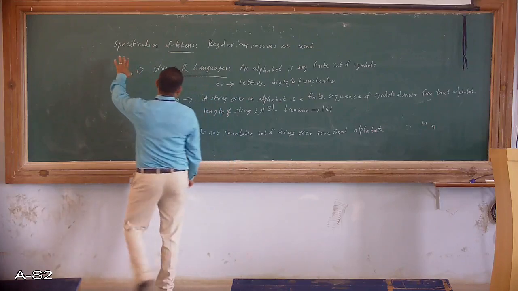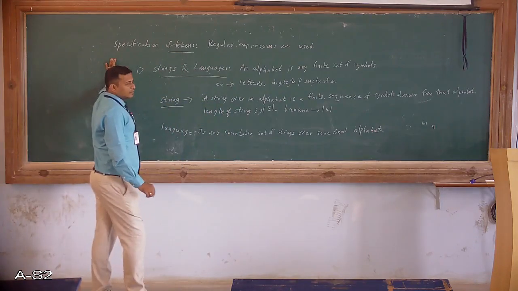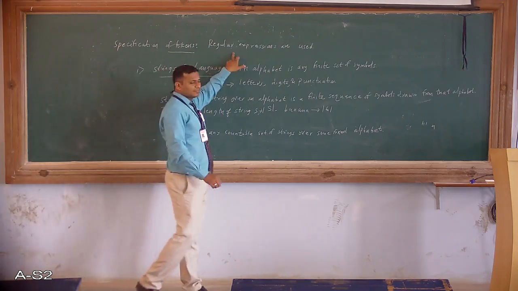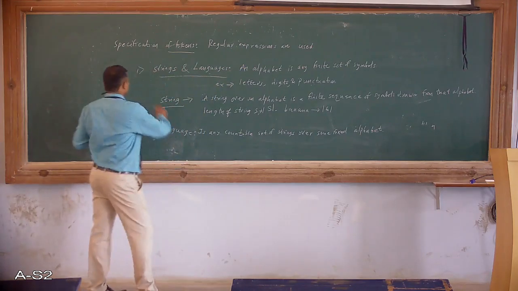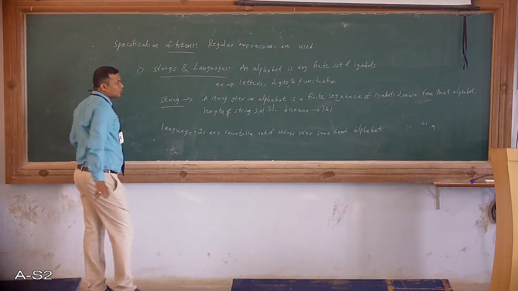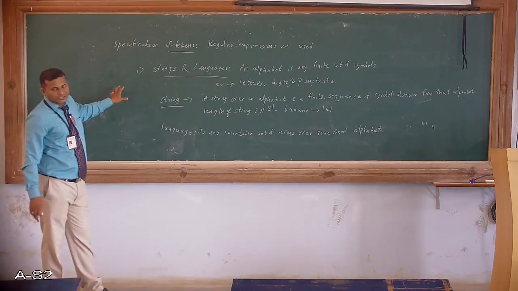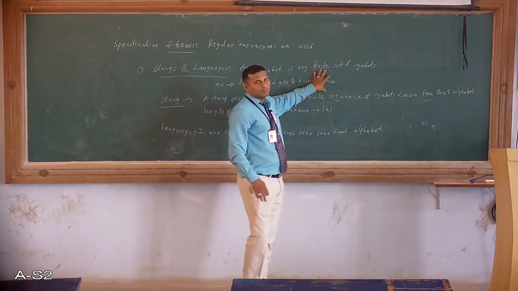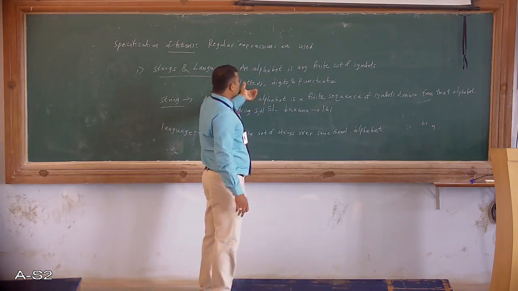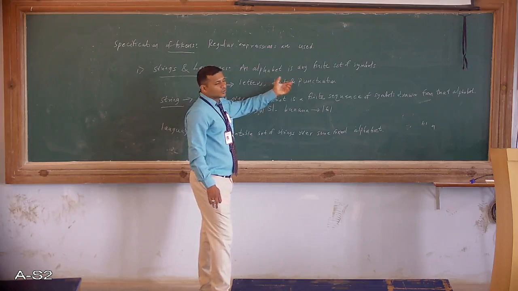Okay, so this specification of tokens is generally done by using regular expressions. In order to understand these regular expressions, these are the important attributes that we need to consider: the strings and the languages. An alphabet is any finite set of symbols. The example for it is what? The set of letters, set of digits, punctuation marks, anything.